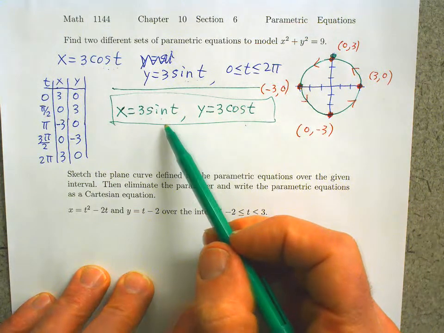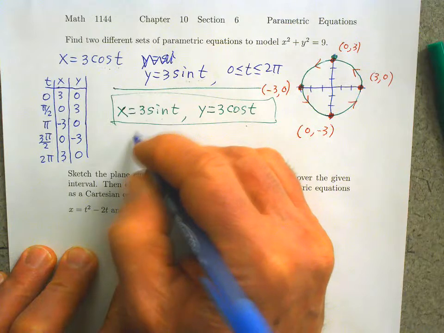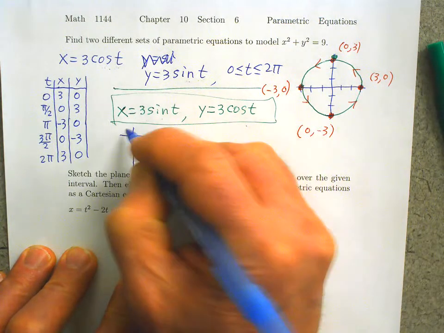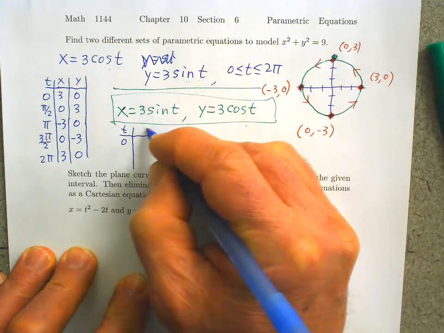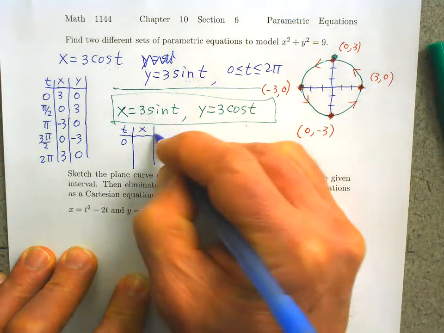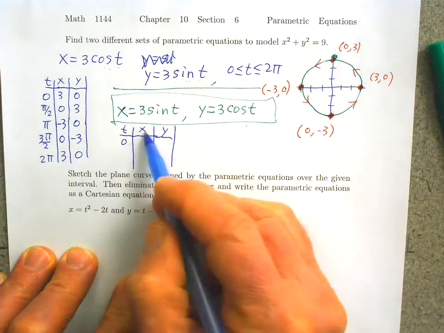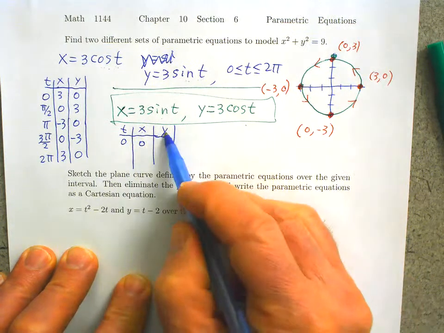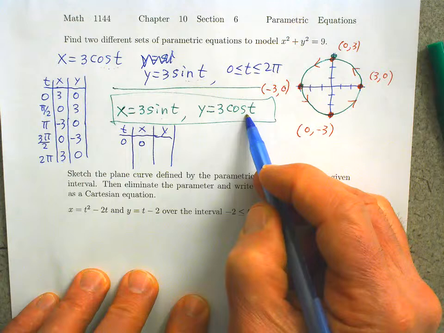And then let's just figure out what the orientation is. We won't graph the whole thing, but we pick t to be 0. When t is 0, the x-coordinate is 0. The y-coordinate is 3.